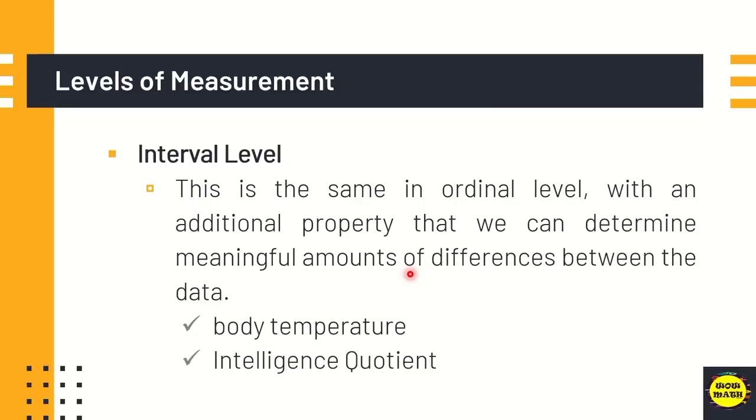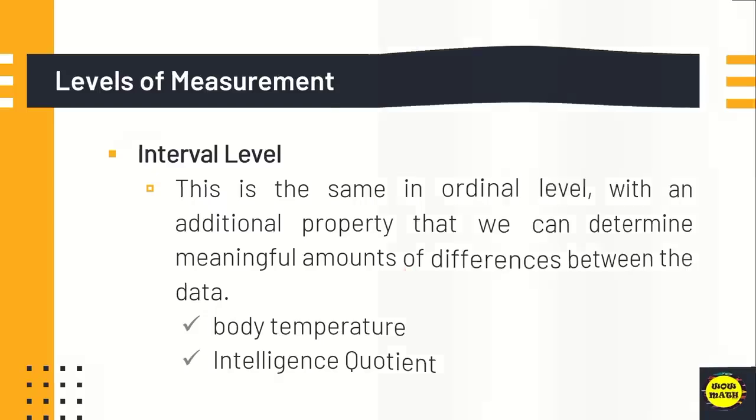When you say the intelligence quotient, we can tell not only which person ranks higher in IQ, but also how much higher he or she ranks compared with another. But zero IQ does not mean no intelligence. So the students could be classified or categorized according to their IQ level.